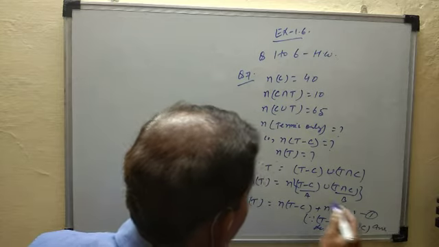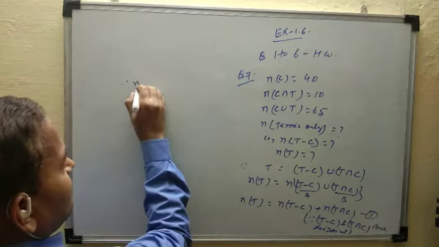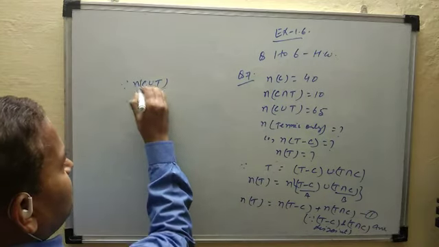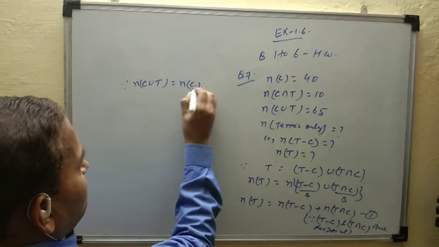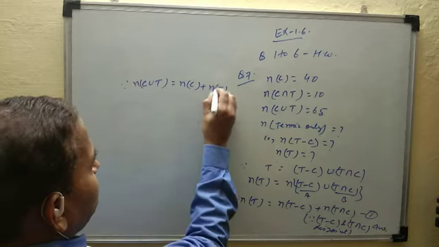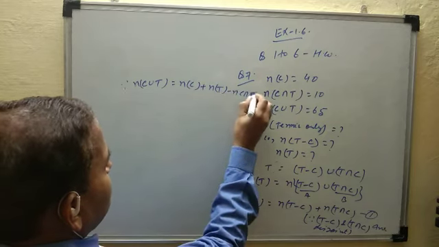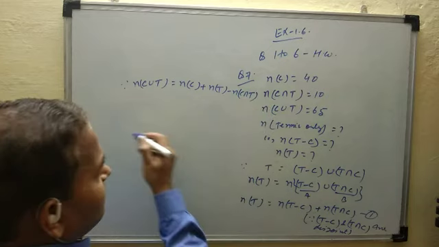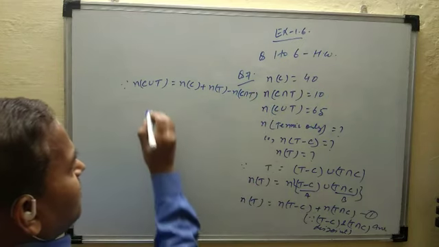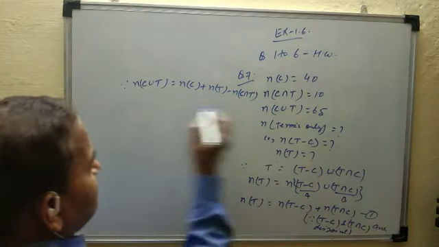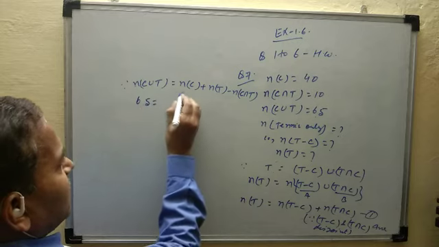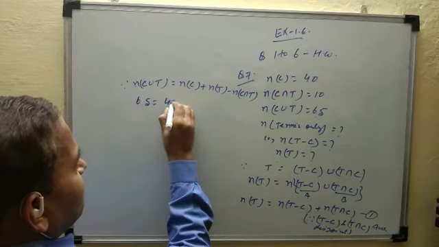Suppose this is equation 1. Number of C union T is equal to number of C plus number of T minus number of C intersection T. So put all the values. Number of C union T is 65. Number of C is 40.